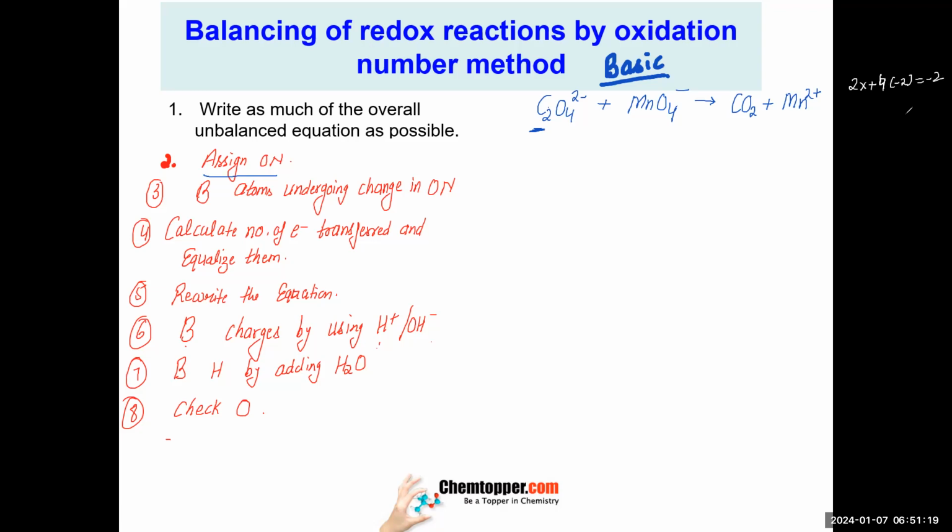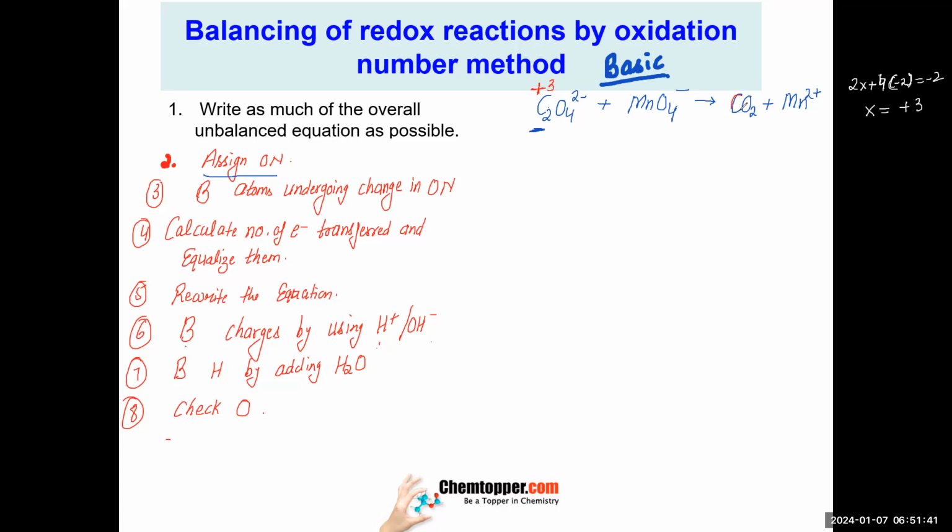So children check, Saranya is right. See, this is how you're going to do mathematics. Get the value of X. Yes, plus 3. And what is here on the other side in carbon dioxide?